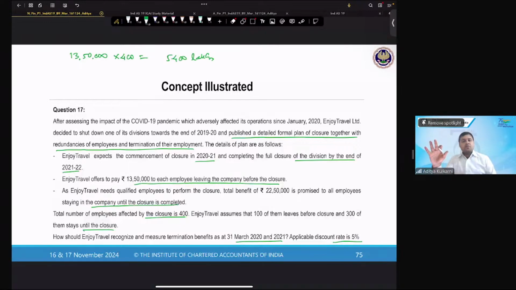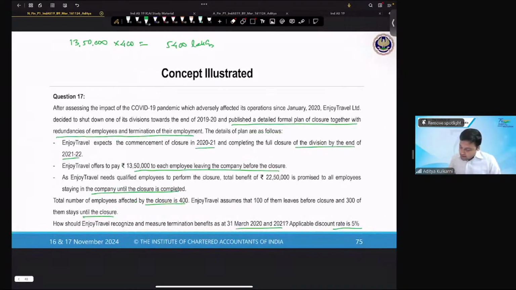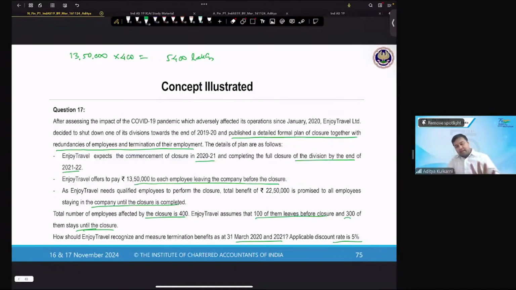Yes. Now, there are 300 employees, right? 100 leave before the closure and 300 stay until after the closure. So these 300 employees are getting how much?